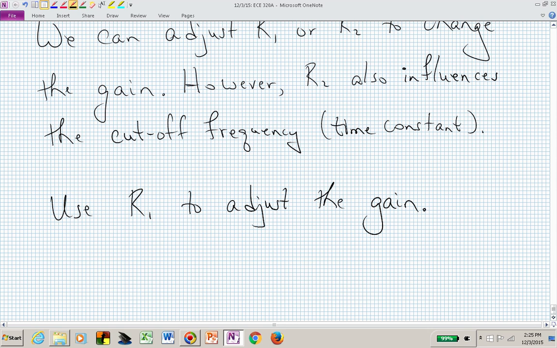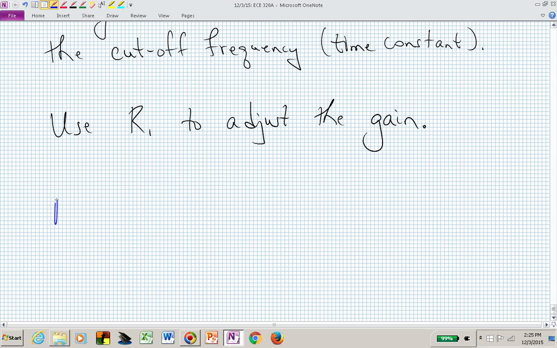In our circuit, we derived the transfer function, and the gain was R2 over R1, and we want that to equal 2, which says that R1, if we solve for that, needs to be R sub 2 divided by 2.